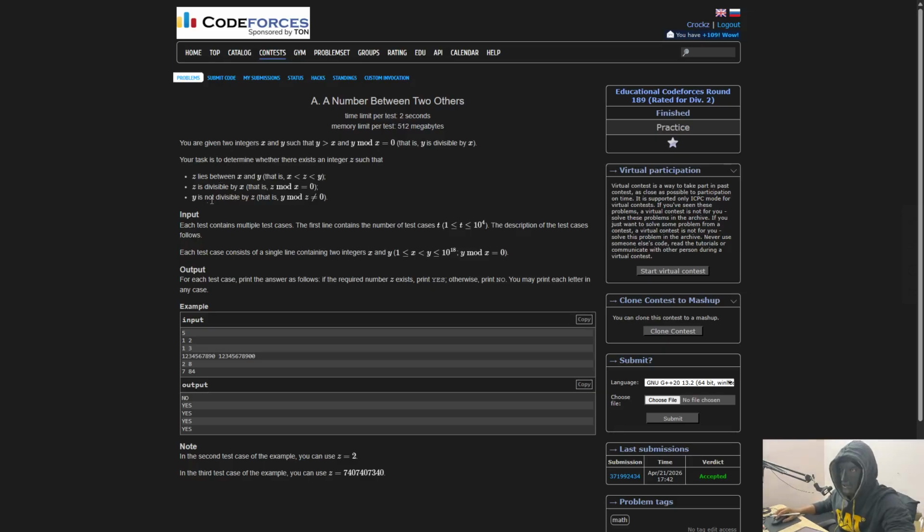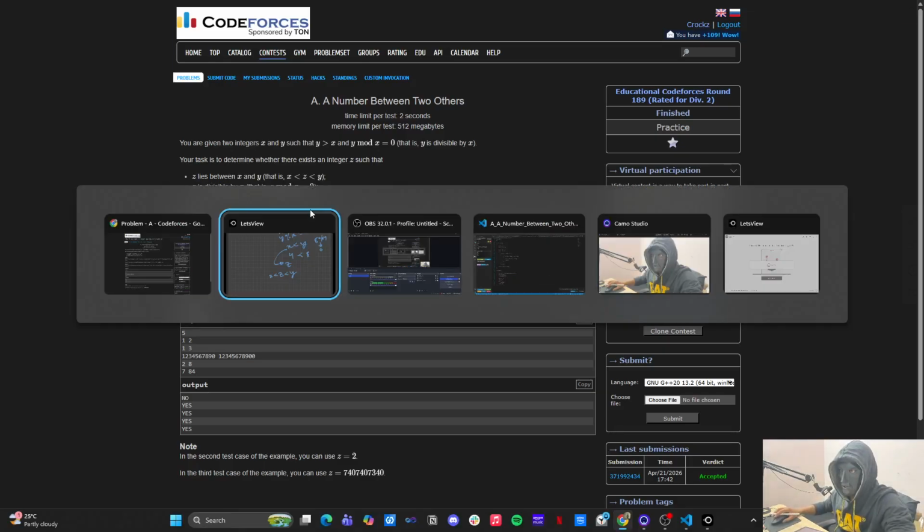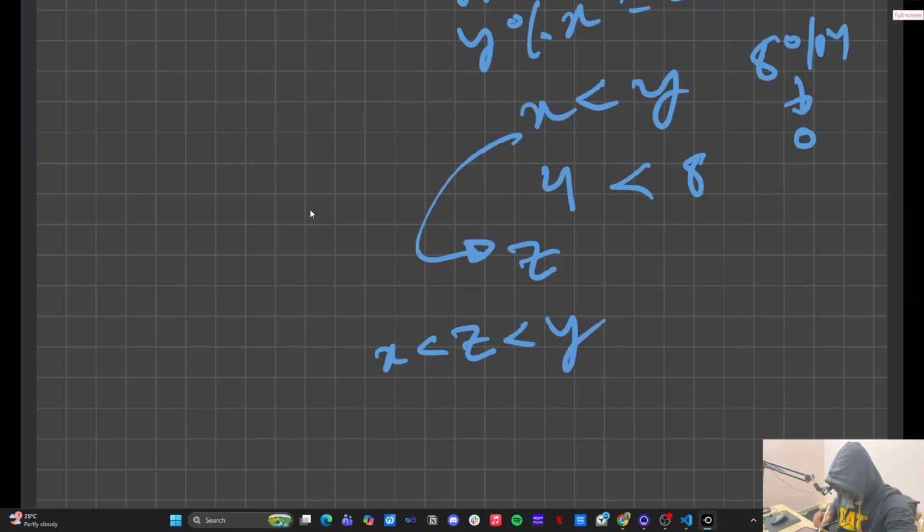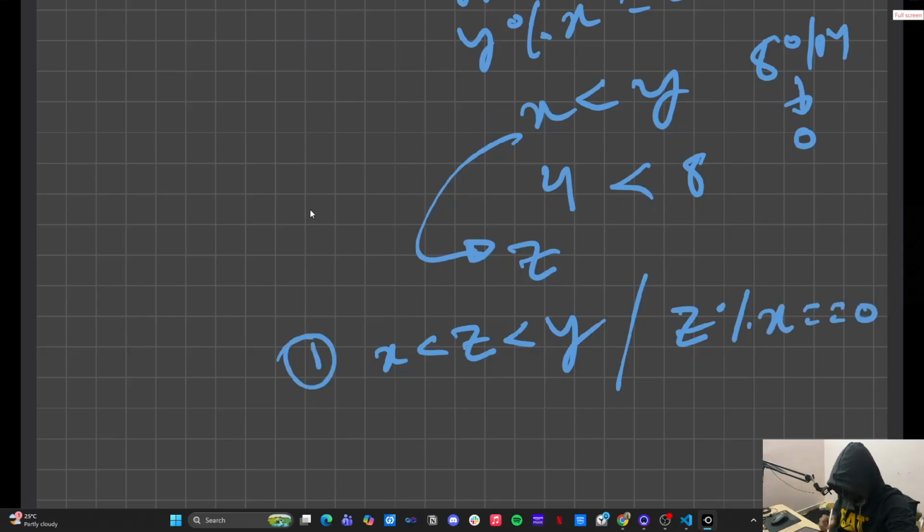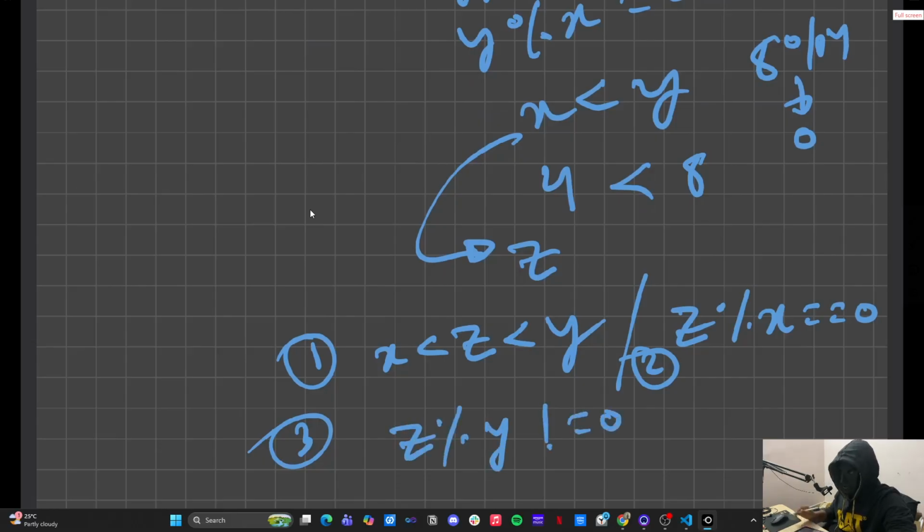The other thing they said is z is divisible by x. So whatever z we are getting, it should be divisible by x, so modulo has to be 0. This is the second condition, and the third condition is z modulo y should not equal 0.